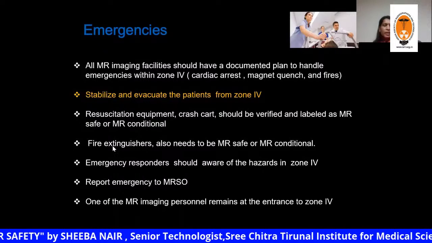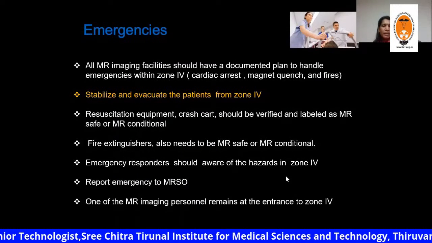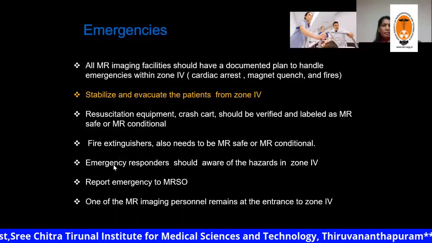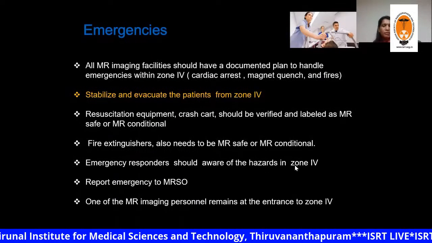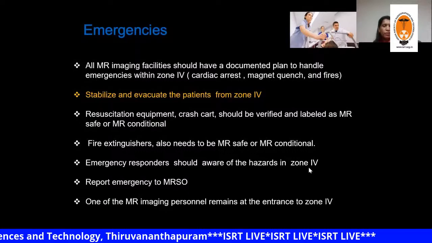We also have to keep an MR safe fire extinguisher near the MR room, and all emergency responders of the institution should be aware of the hazards of zone 4.